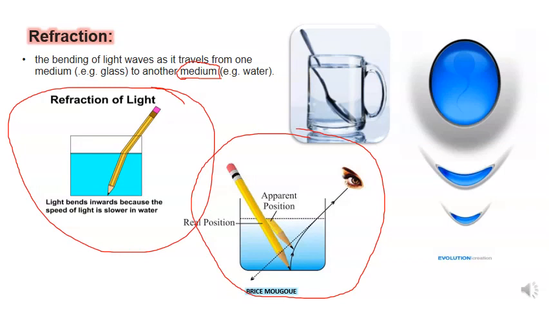Like I was saying, when you're looking at an object, light is coming from that object to your eyes. If we look, for example, in this case, I have water and I have air. When I'm looking at the tip of this pencil, light would have to leave from water and pass through air to reach my eye. But because of the difference in the way the light travels in these different media, the light rays cannot be straight.